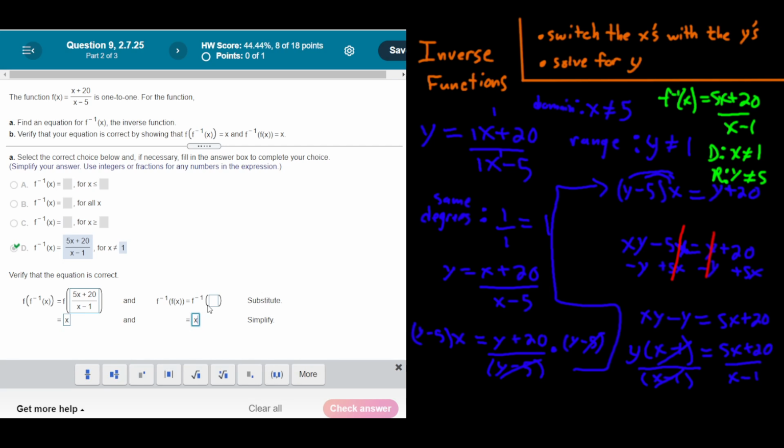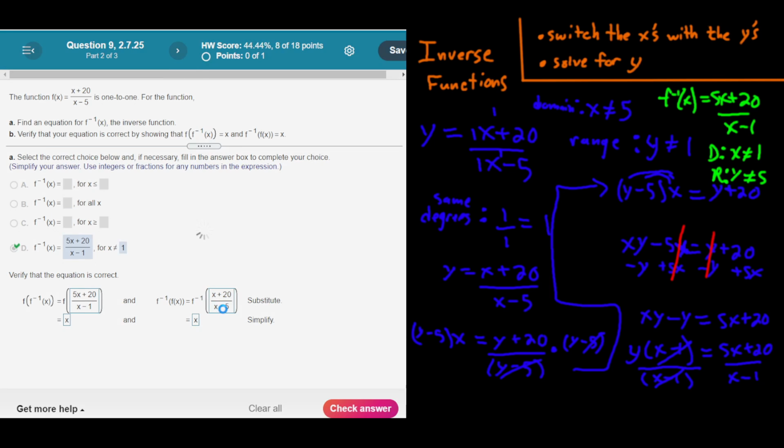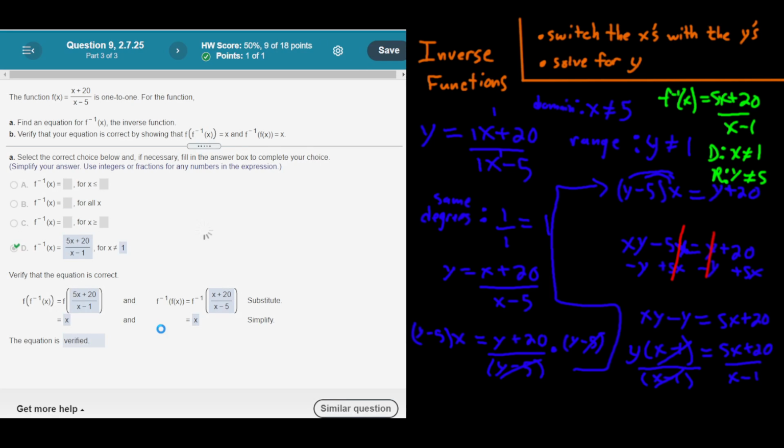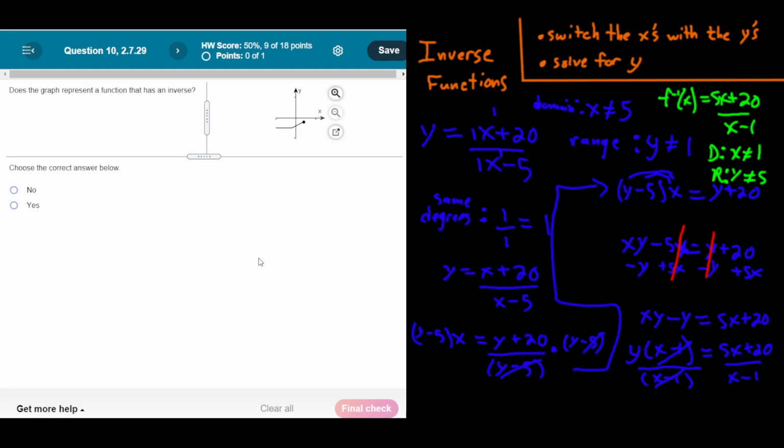This right here inside the parentheses is going to be the original function, which is this guy up here, x plus 20, and this is going to be all over x minus 5. Excellent. Yes, it's verified. It's always going to be verified. Okay, next, moving right along.